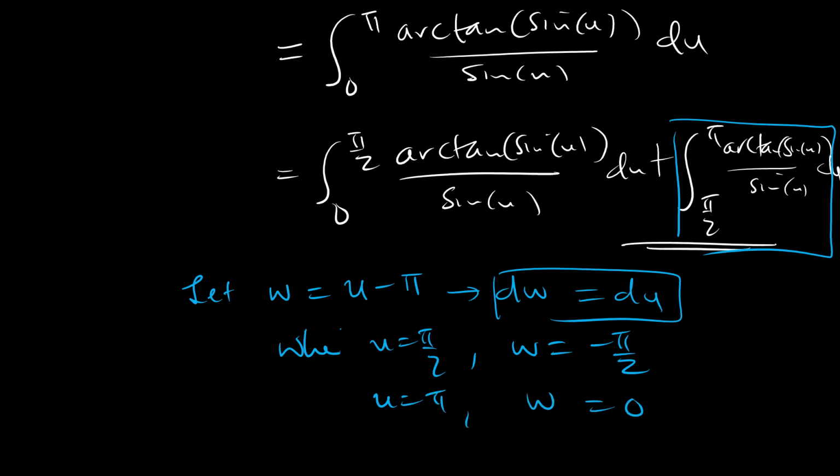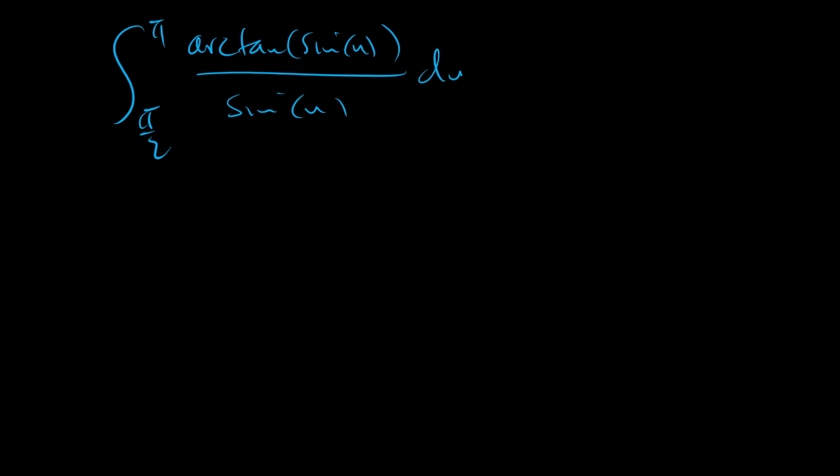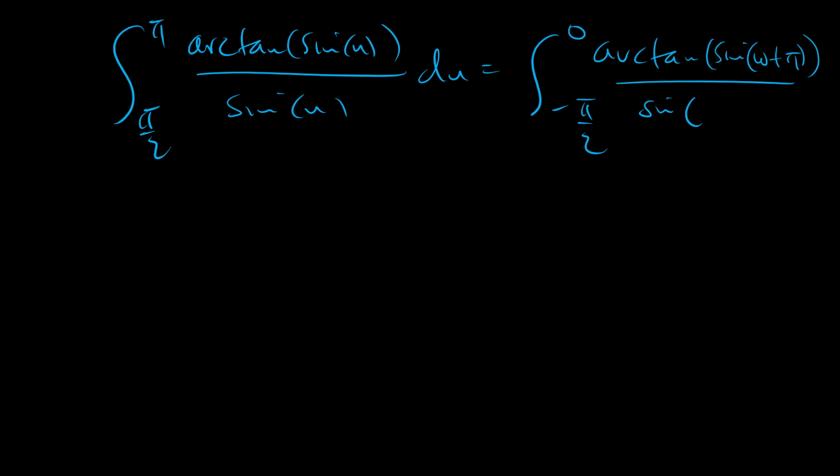So the integral from pi over 2 to pi of the arctangent of sine of u over sine of u is equal to the integral in the w domain from negative pi over 2 to 0 of the arctangent of sine of w plus pi over sine of w plus pi.